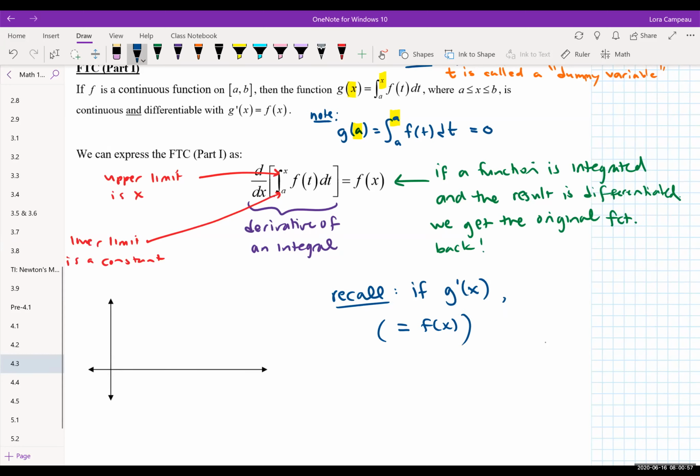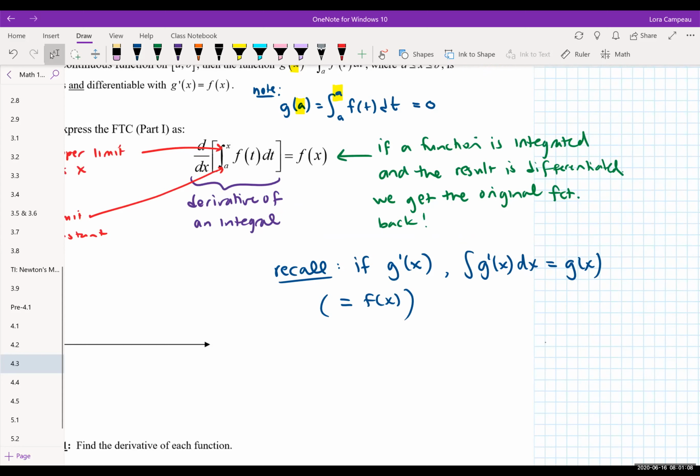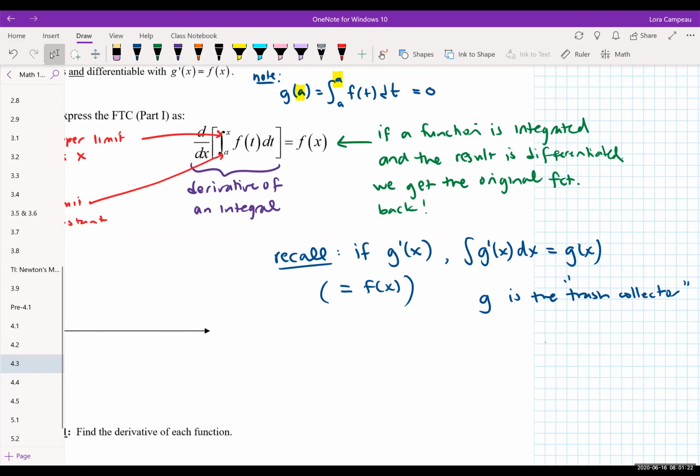The integral of a derivative spits us back the original function to begin with. G is considered the trash collector. That's our analogy. Maybe there's a better one, but for now it works for us.